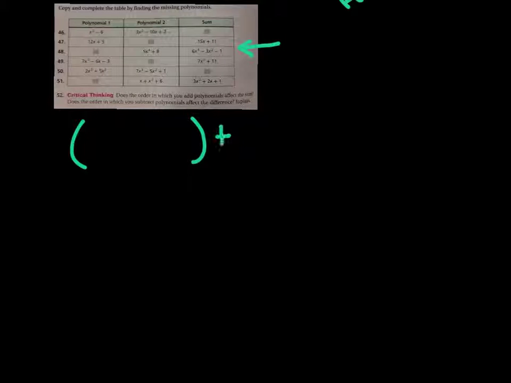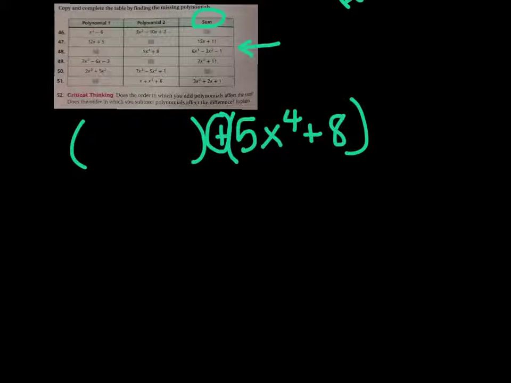Polynomial 2 is 5x to the 4th plus 8, and its sum, so that's why I did addition, is equal to 6x to the 4th minus 3x squared minus 1. We need to figure out what this missing polynomial is.